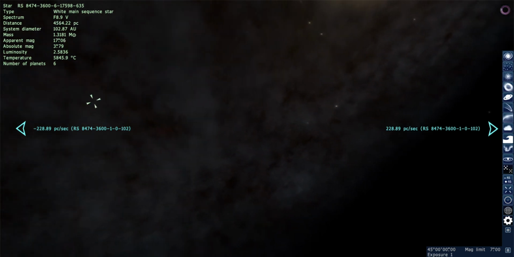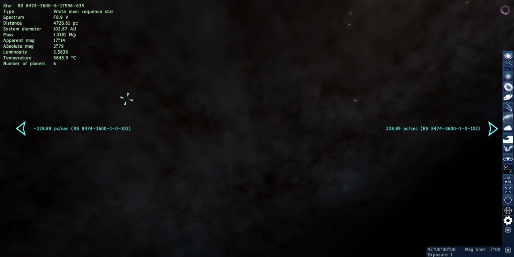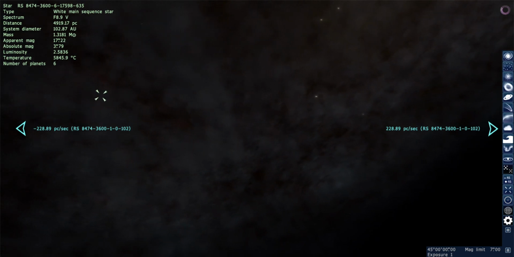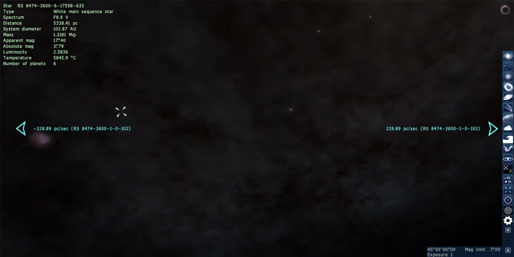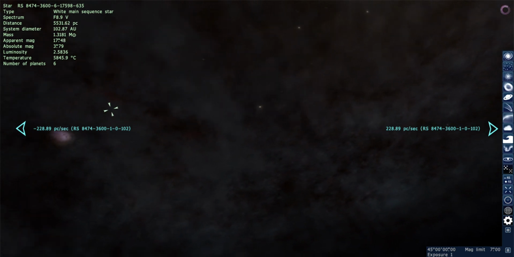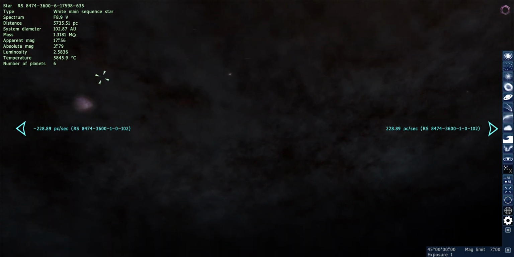Centered about, let's see, let it pass. Coming closer now. Closer and closer. So it seems to have displaced into the background.